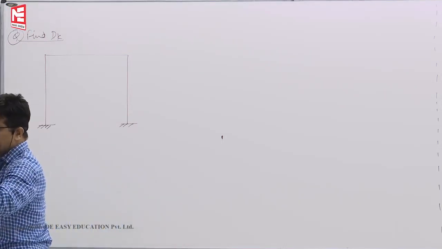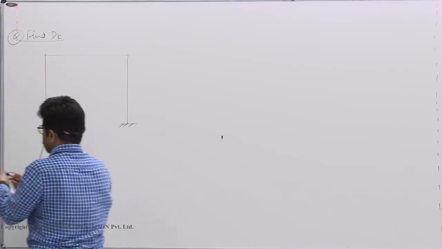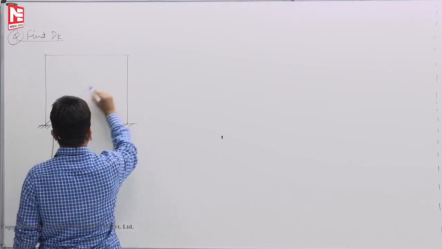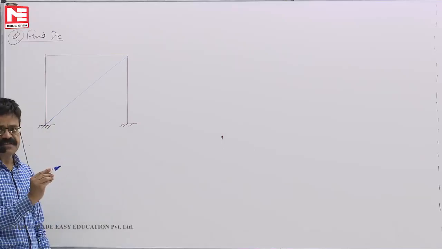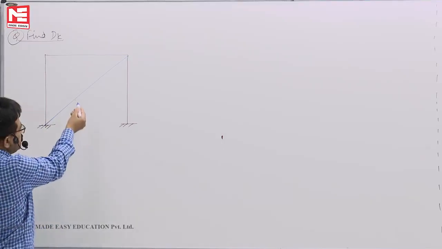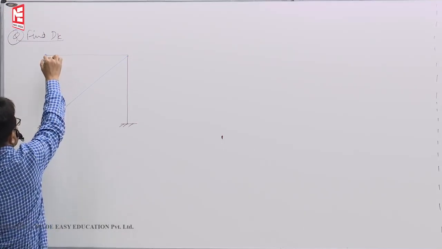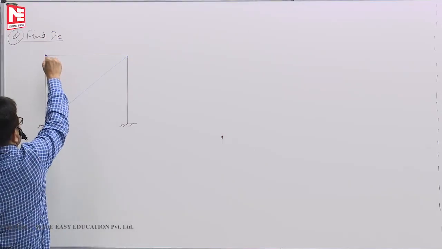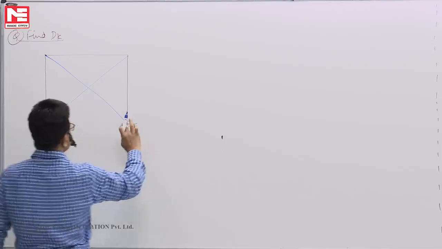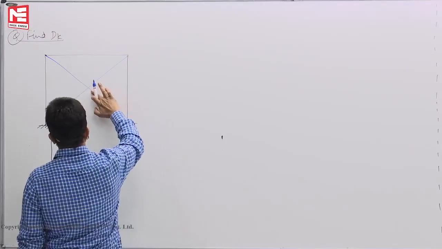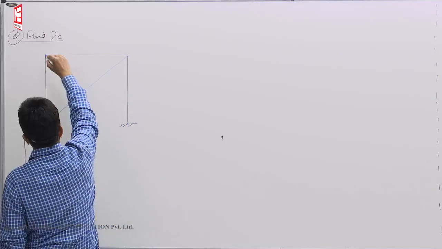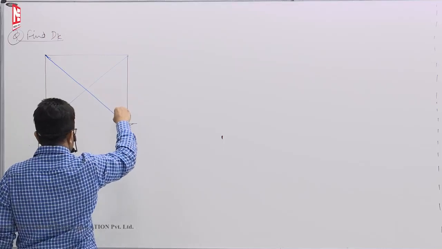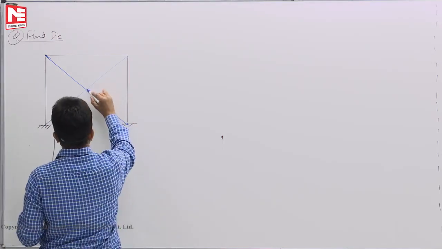This is actually our frame. This is the bracing rod. In the exam, they will not give different colors. I am telling you that this is not part of the structure. Its only purpose is to reduce the sway. Like this, they are straight members, interconnected like this.